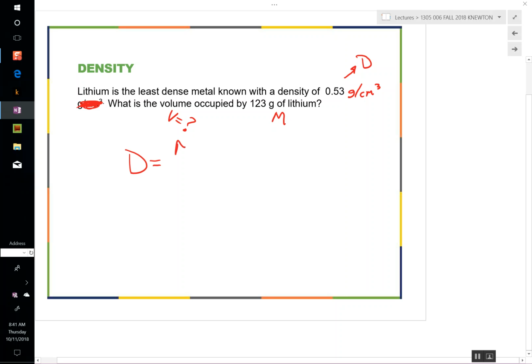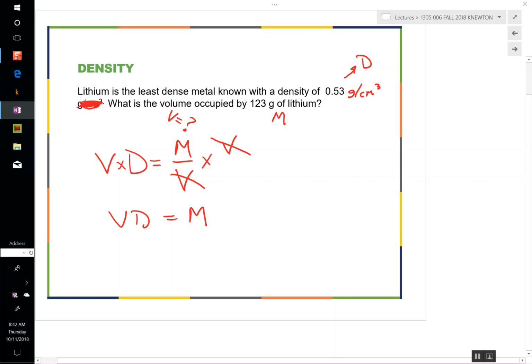So I go back to what defines density. D equals m over v. I see that v is the unknown. So I want to get v all by itself. Before I put any numbers in here, I'm going to rearrange this equation algebraically. So I'm going to multiply this side of the equation by v, and I'm going to multiply that side of the equation by v. And I get v times d equals m. I'm not there yet.